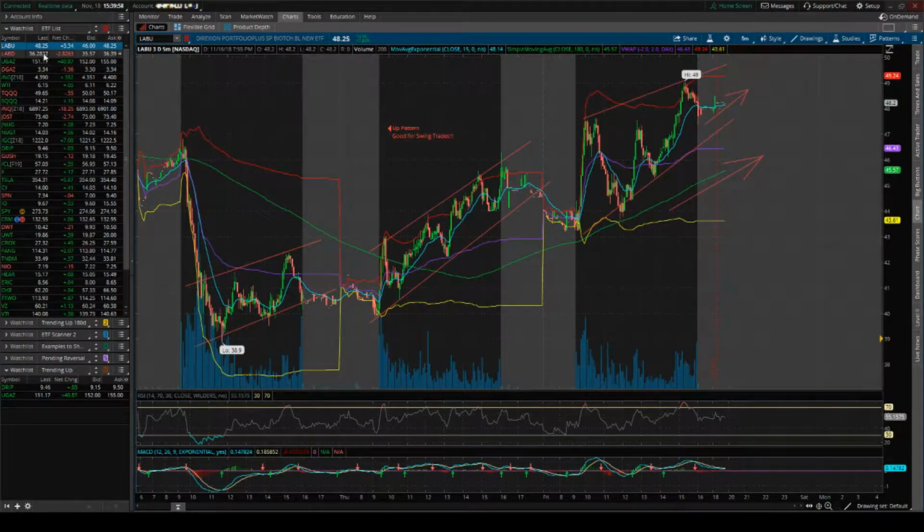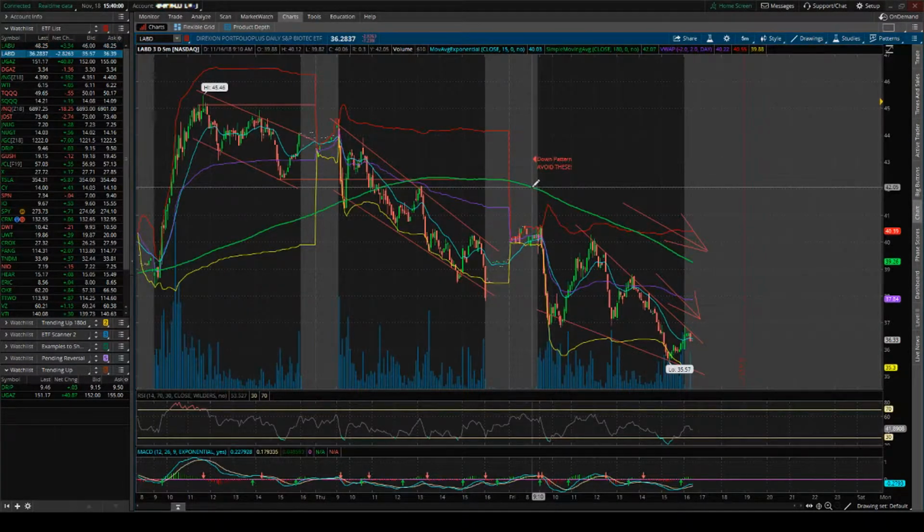Okay, now this is a down pattern. If you see something like this, where over time the stock price is dropping, then these are the ones you want to avoid, right? You don't want to invest in something.